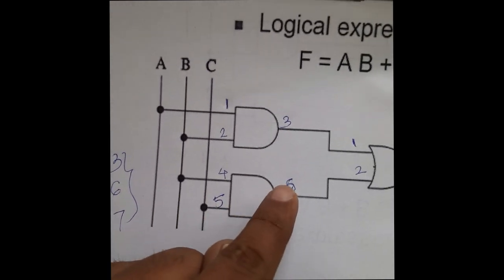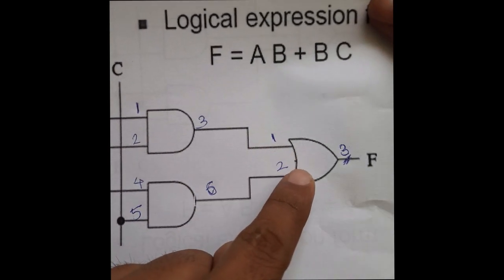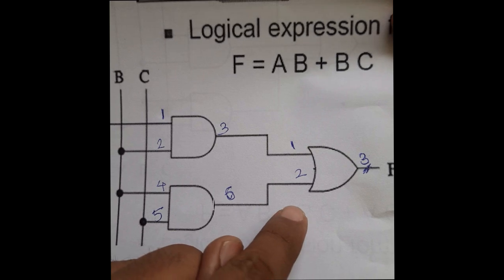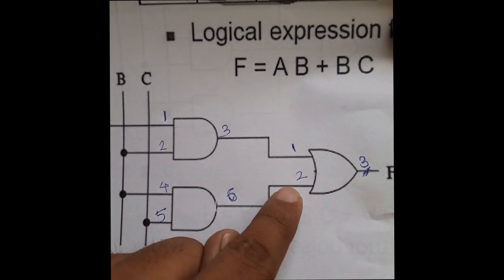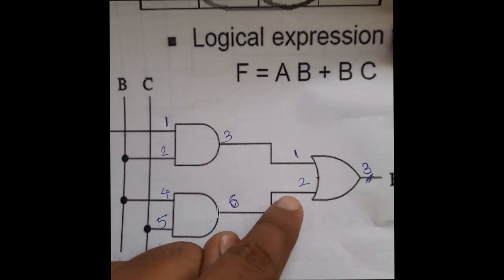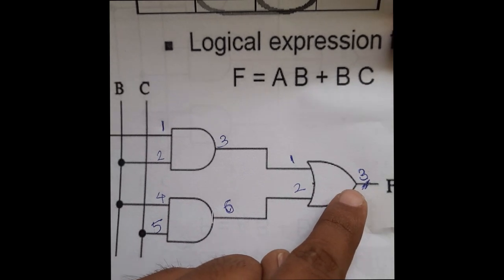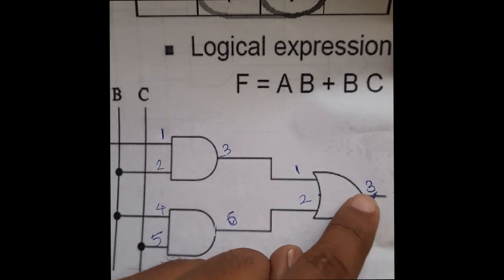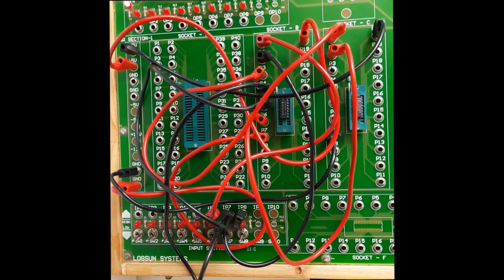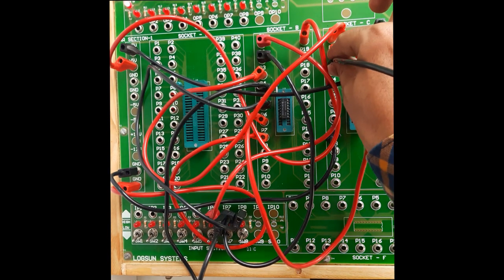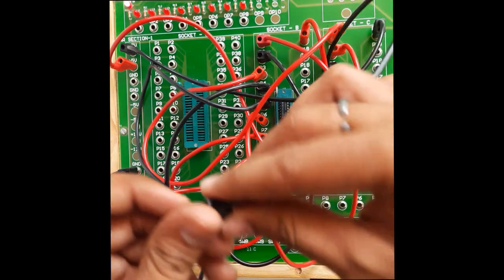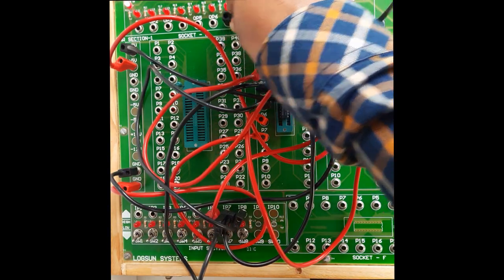Now the second part is the OR gate. The first and second pins are already connected. The remaining third pin should be connected to the output section. So I am going to connect it to the output section.